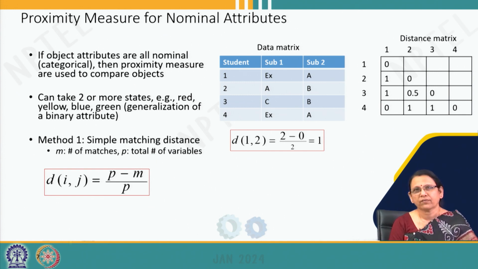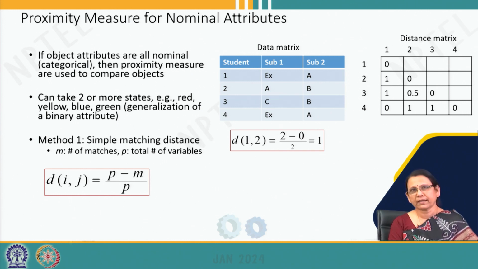How do you do it? You assign a certain scale, a nominal scale, let us say Ex will be 1, A will be 2, C will be 3, and for the second subject we have only 2 categories. So, A will be 1 and B will be 2 and so on.